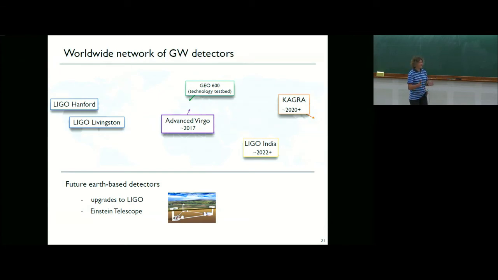There are various other ideas floating around. And of course, LISA will be in space, a mission in 2030. But in terms of observing waves from neutron stars, it's the ground-based detectors that will give us the main science.